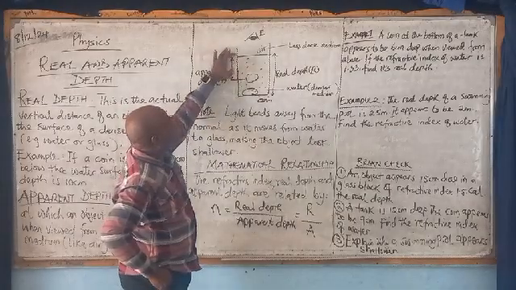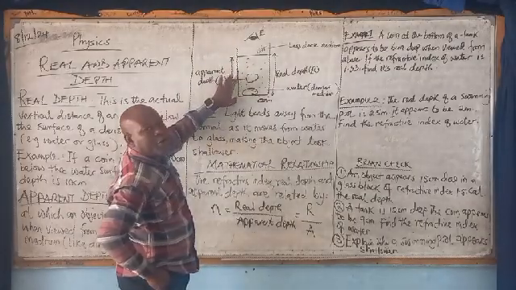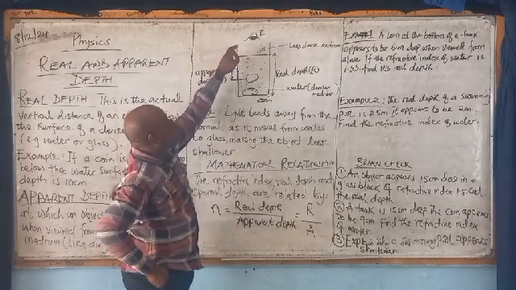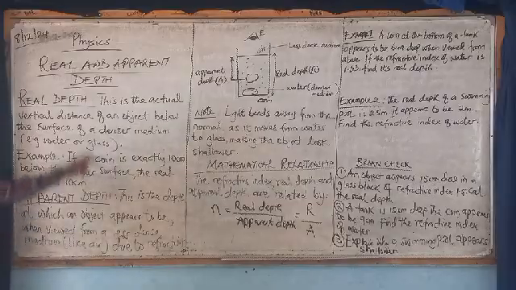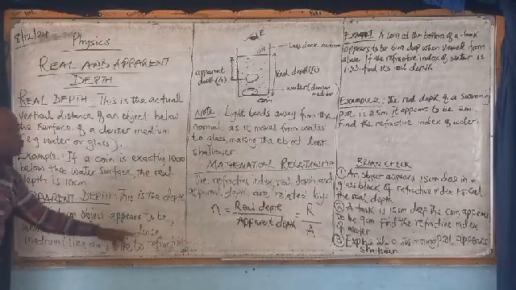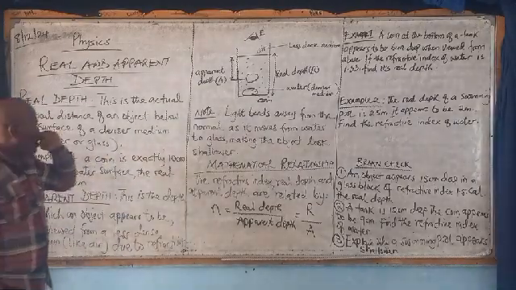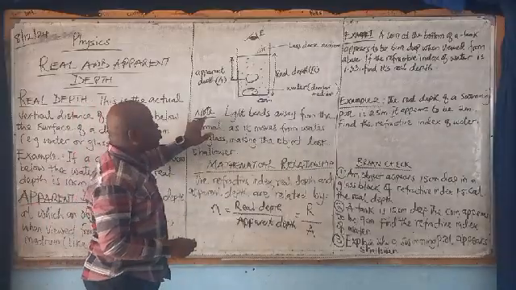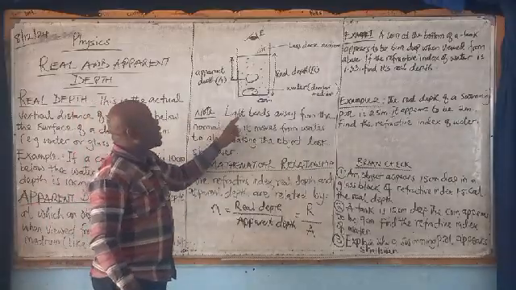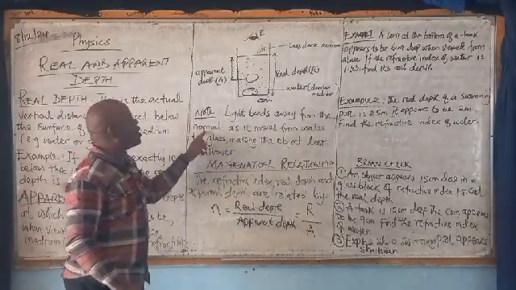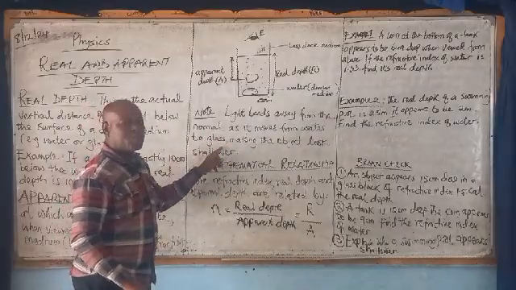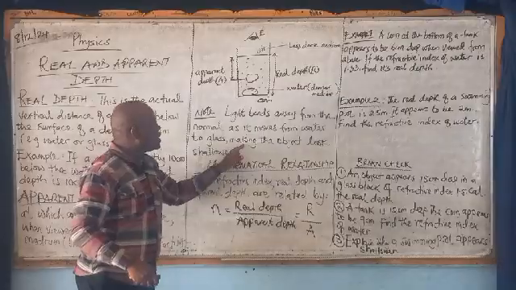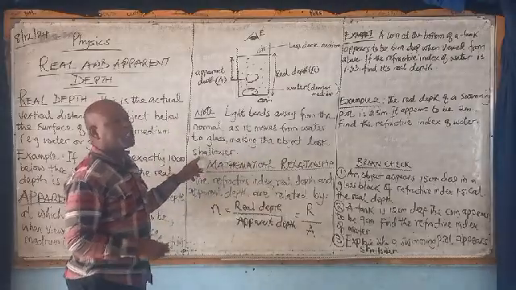So the distance from here to where this coin is being observed by the viewer is the apparent depth, when viewed from a less dense medium like air. Due to what? Refraction.